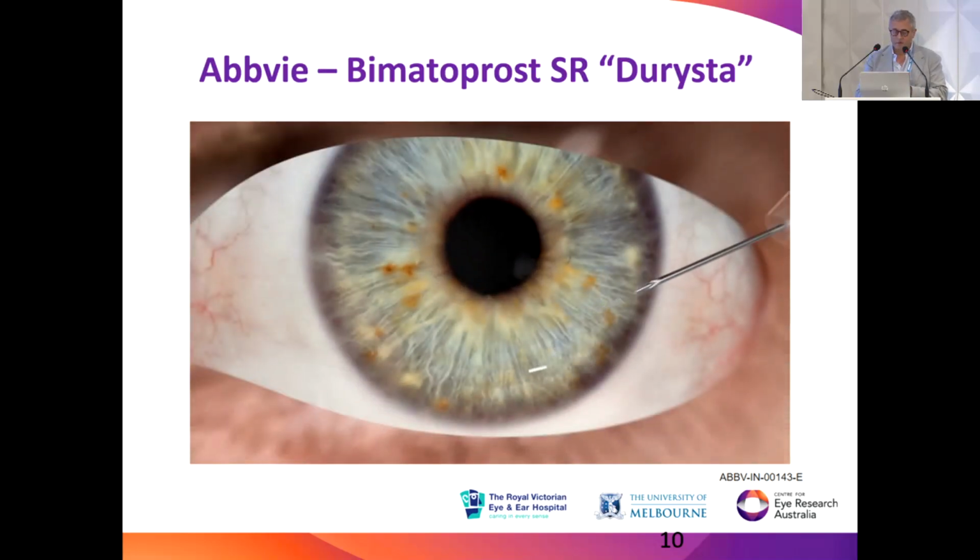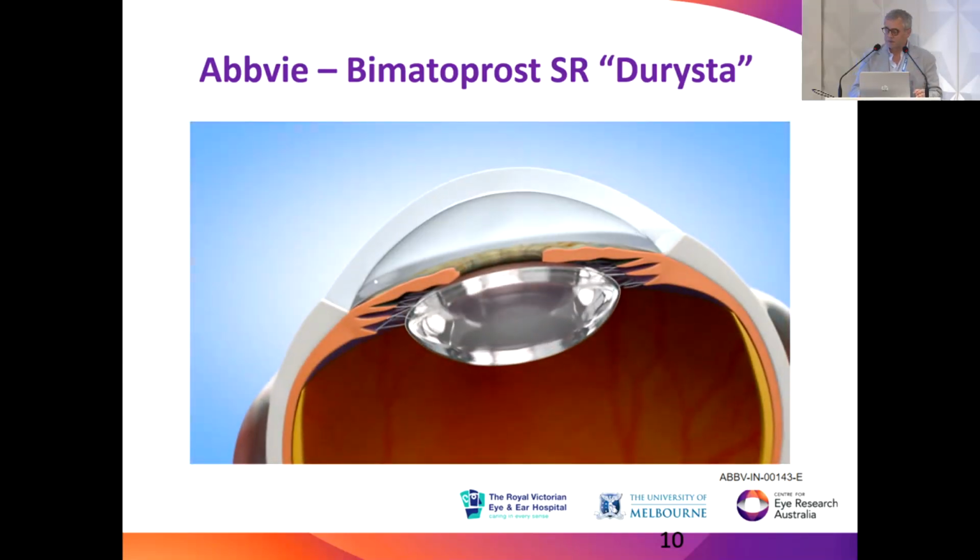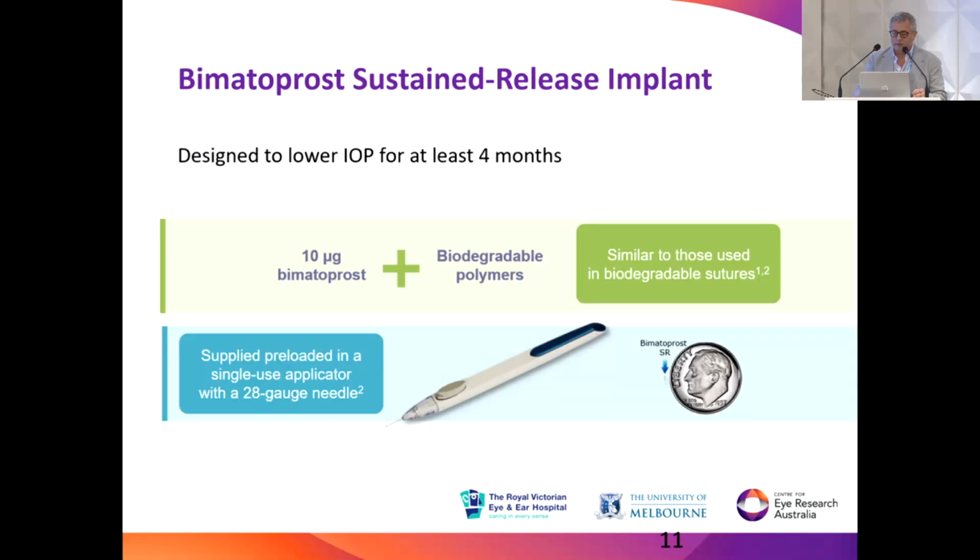It's actually not unlike that when you do it. It's a relatively straightforward process. It sits in the inferior angle. It is an opaque, white, small object which is quite visible and sometimes is adherent to the iris before it makes it to the angle. It's designed to last for at least 4 months.